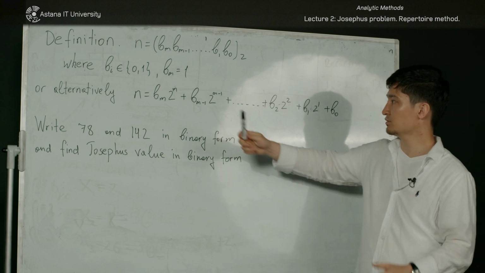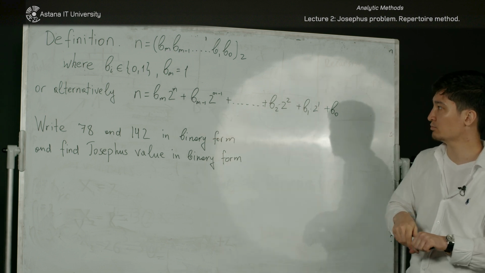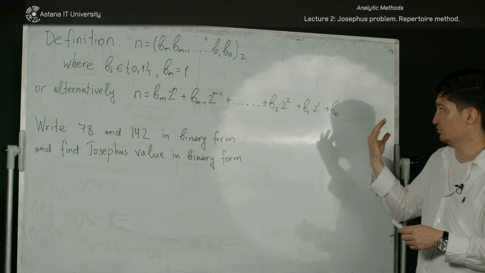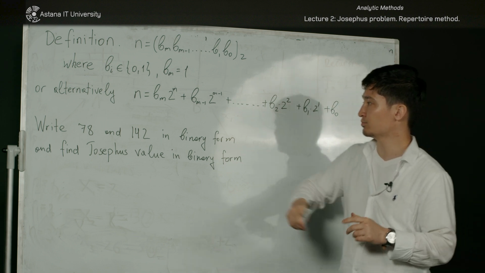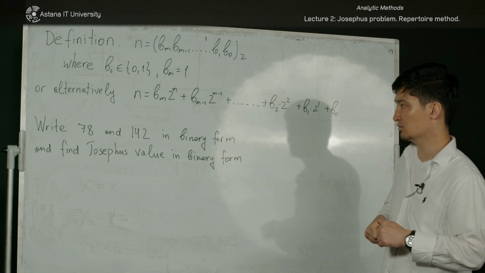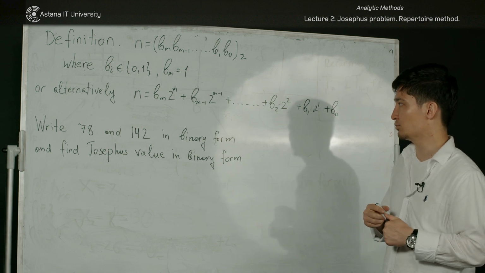And for the power m, we choose the highest power of 2 which is closest to n, as in the previous example. Okay, let's consider now an example. Write 78 and 142 in binary form, and then find the Joseph's value in binary form as well.